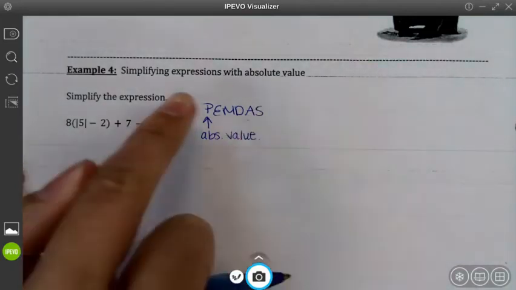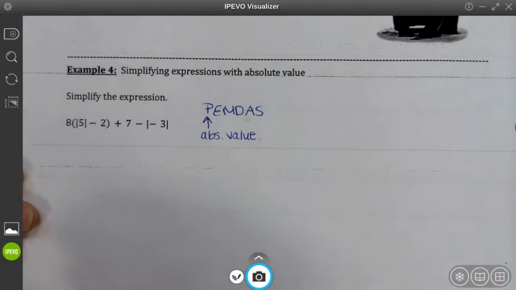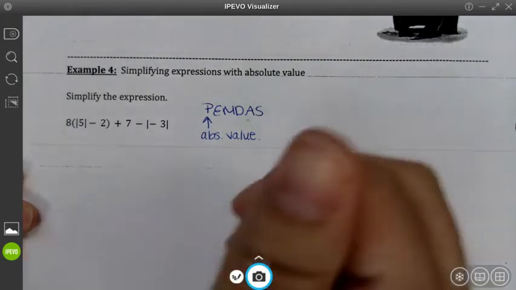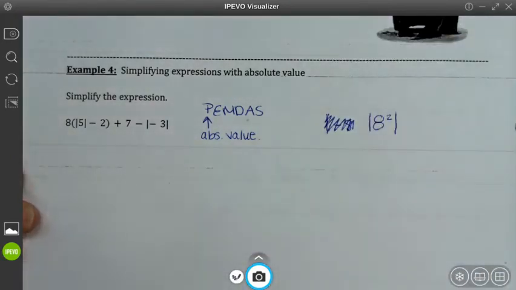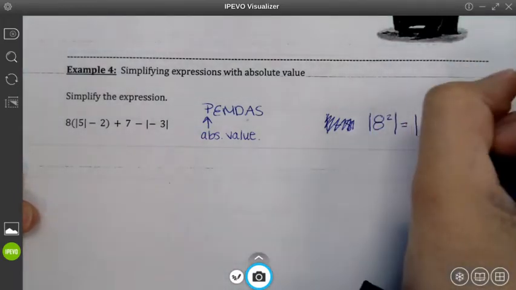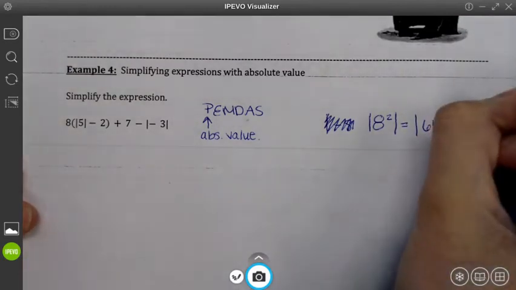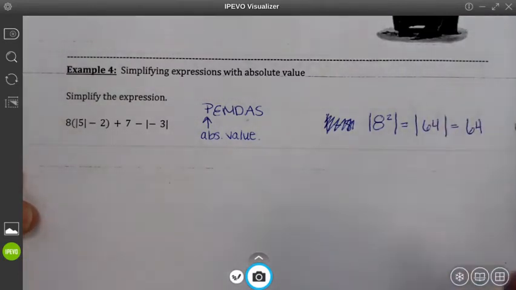So it's going to happen at the beginning of the problem. And if you see any operations inside of the absolute value, you have to do that first. For example, if we have the absolute value of 8 squared, you would have to do 8 squared first, which is 64, and then find the absolute value, which is just 64. When we get further into operations, you'll see more of that.